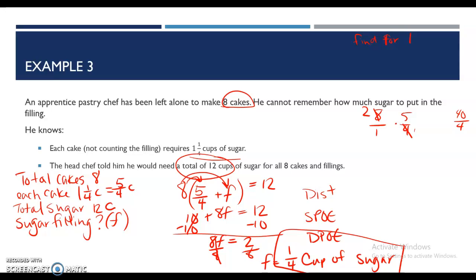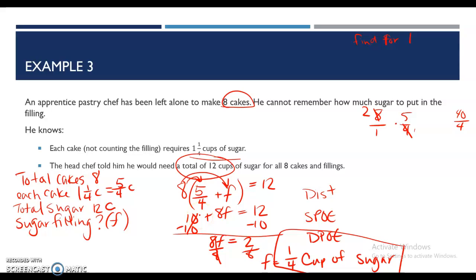And so how much would I find for the total of one cake with its filling? That's where the 5/4 plus F came from, because the cake was 5/4, but I didn't know the filling, so that was plus F. And then I had 8 of those, and so that's why I had the 8 on the outside. And then I distributed that and solved as usual.